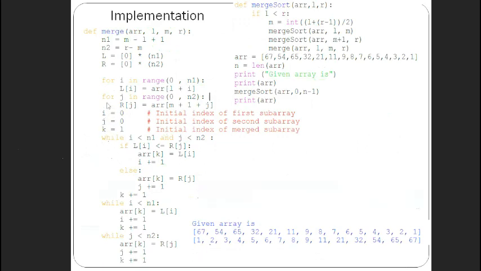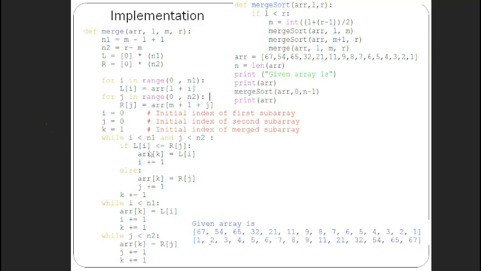So i, j and k are the variables which store the indexes. i handles the indexes of the first subarray, j handles the indexes of the second subarray or sublist, and k handles the index of the merged subarray, because these indexes are required to track for placing the values at the corresponding position.